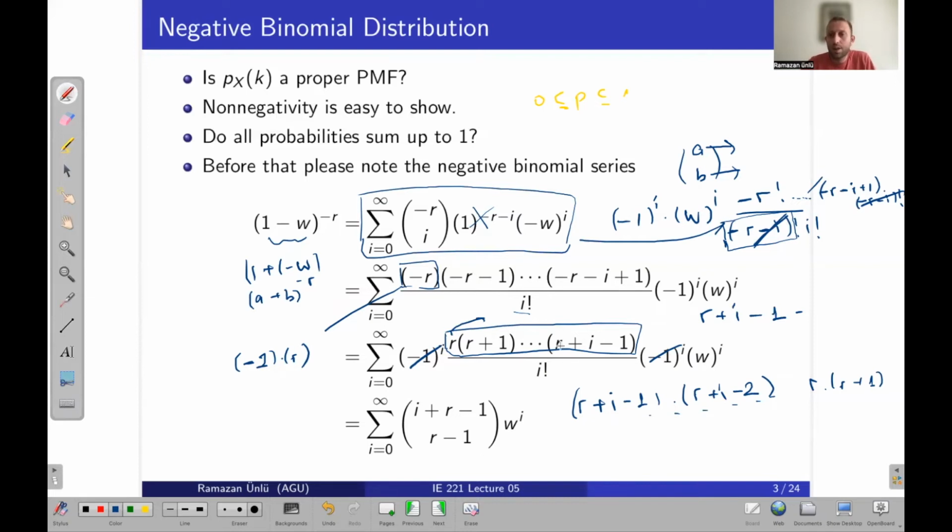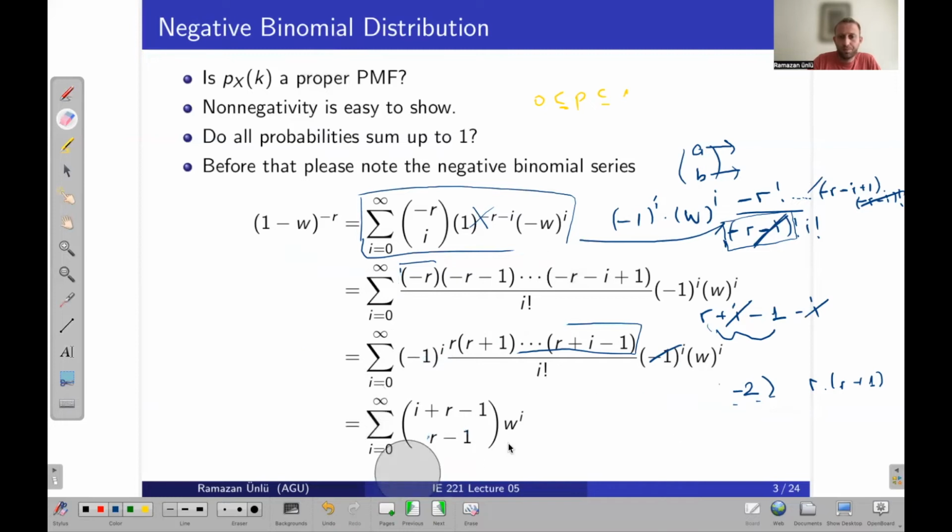So that's why the first term should be this one, the first term minus this one. This will be cancelled with each other, and I can say that this will be this part. Okay, so I will end up with this one. So let me clear everything here.